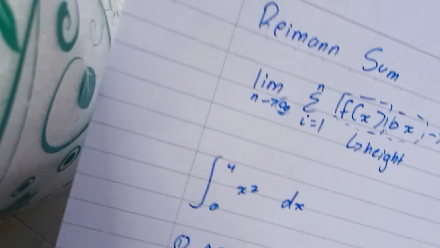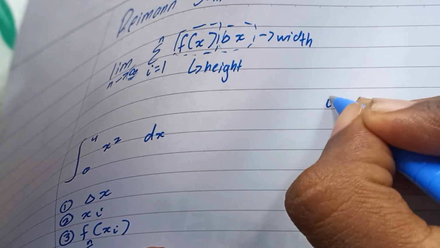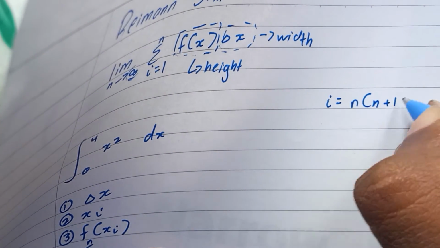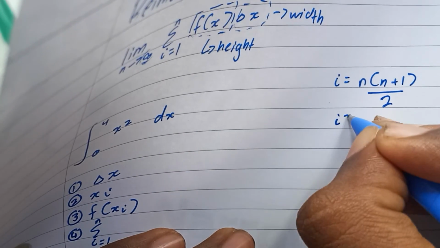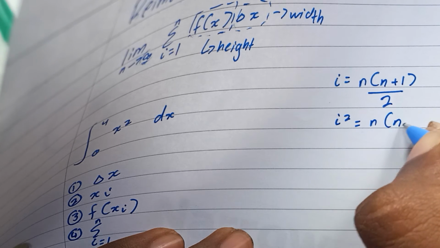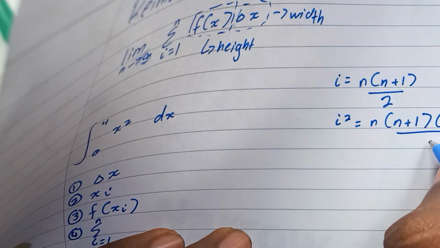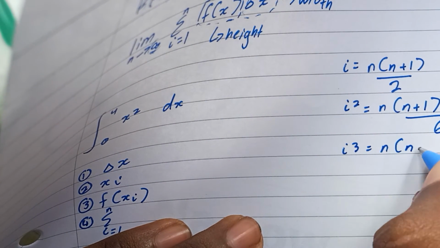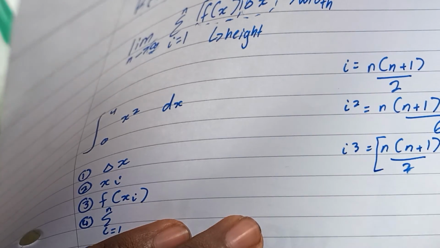Then we'll use the sum laws, where in the sum law the sum of i is equal to n times n plus 1 over 2, the sum of i squared is equal to n times n plus 1 times 2n plus 1 over 6, while the sum of i cubed is equal to n times n plus 1 over 2, and the whole expression is squared.